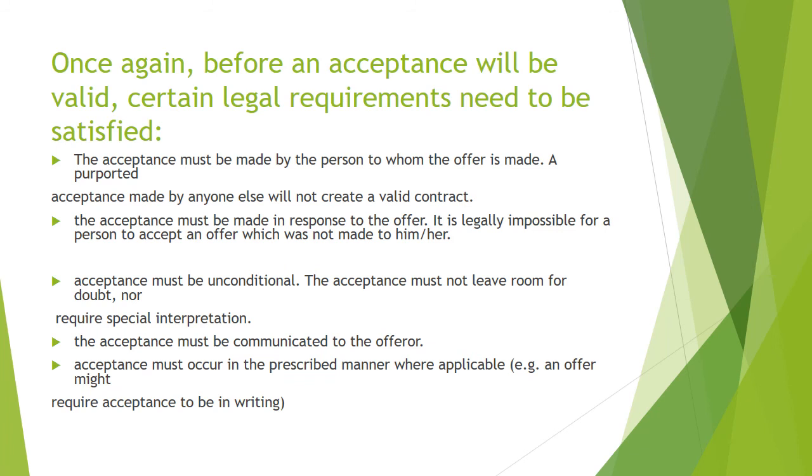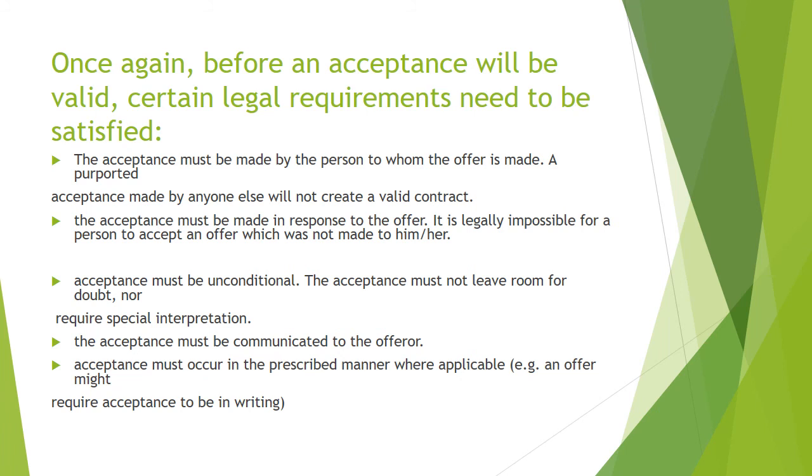So it is clear, there's no room. If I say I will accept this contract provided that, or I may accept it, no, you have not accepted it. It's conditional.